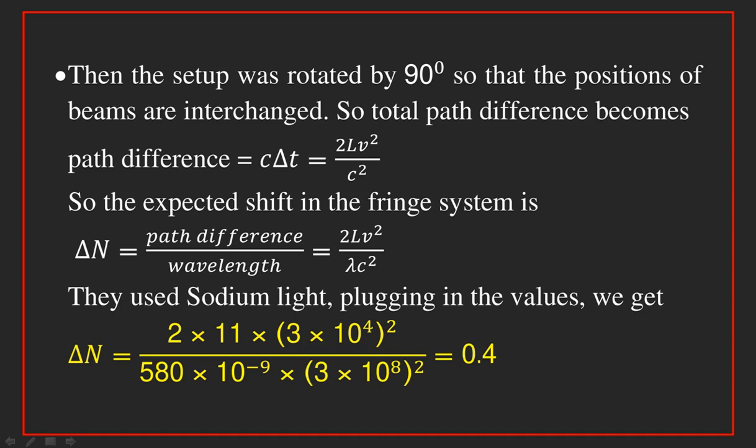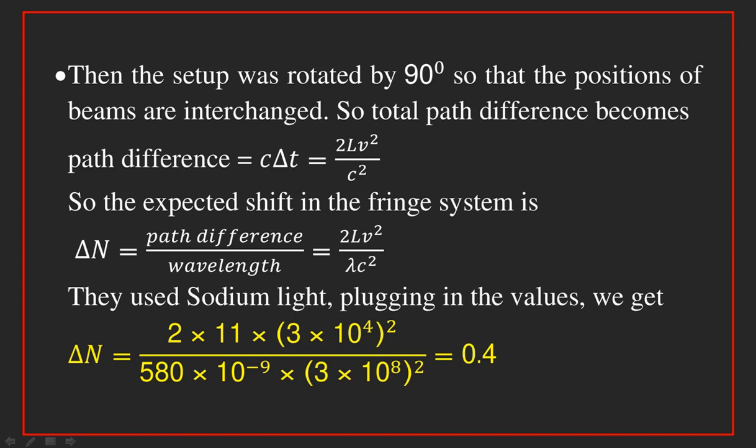For the experimental purpose, they used sodium light. The wavelength of sodium light was 580 nanometer, and the distance between the beam splitter and any one of the mirrors was 11 meter, which they got by multiple reflections.